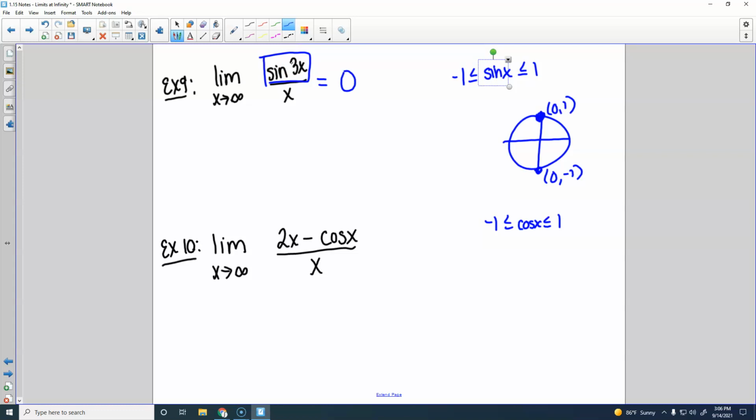Treat trig like it's just a number, because it has some tiny oscillation going back and forth. But as you go on, that number on the bottom is so big. You might have negative 1 over 20, or 1 over 50, or negative 1 over 1,000. It does go back and forth from positive to negative just a little bit, but it's such a tiny amount it doesn't matter. It's going to go to 0.